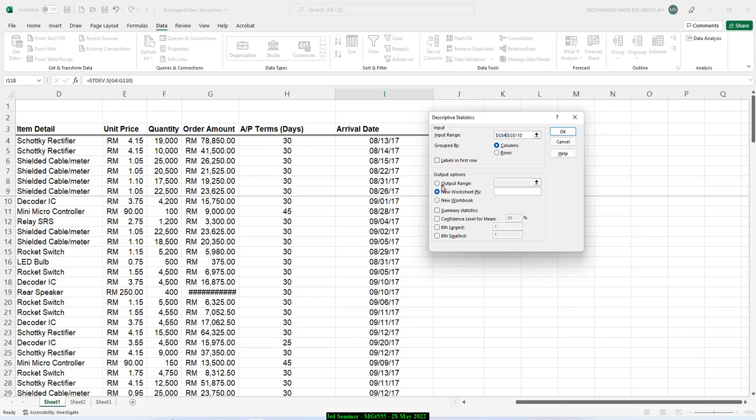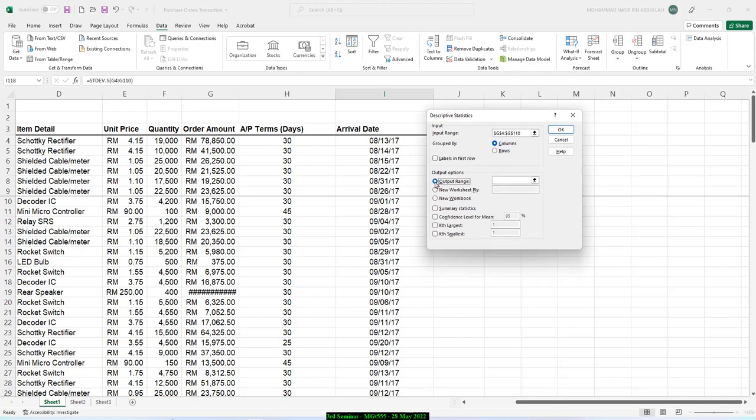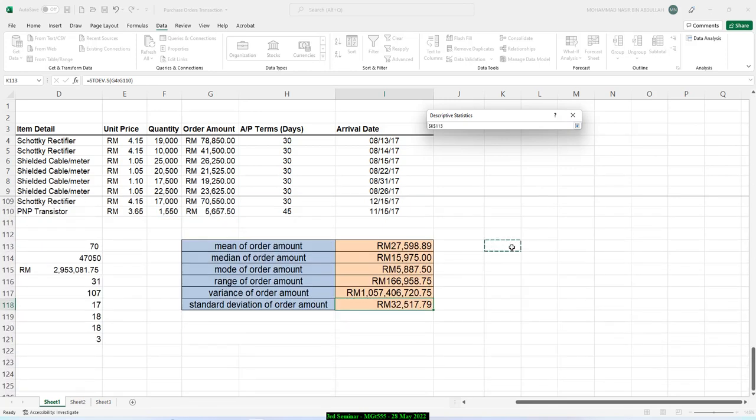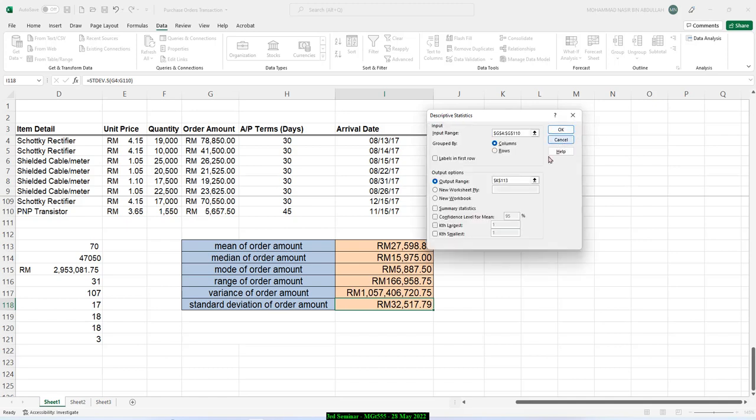And then for output option, so by default dia akan letak new worksheet, right? So tapi kita nak dia display dekat sini, kita tekan output range. Output range maksudnya kita nak letak dekat sini lah. So kita tekan dekat sini arrow up, right? And then let's say saya nak letak kat bawah ni lah. So saya letak kat sini, dekat K113, letak sebelah dengan mean dekat sini, right? So I click OK.